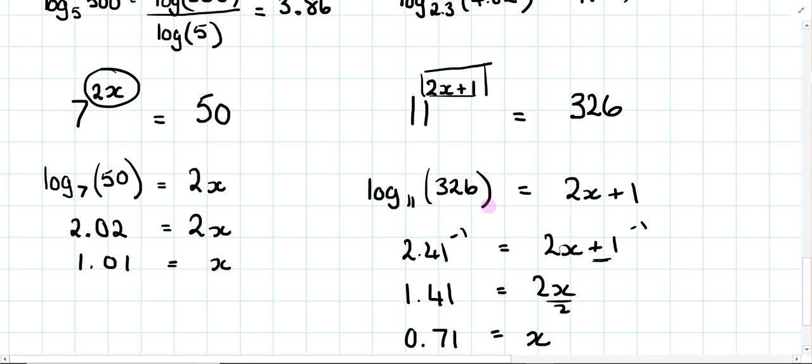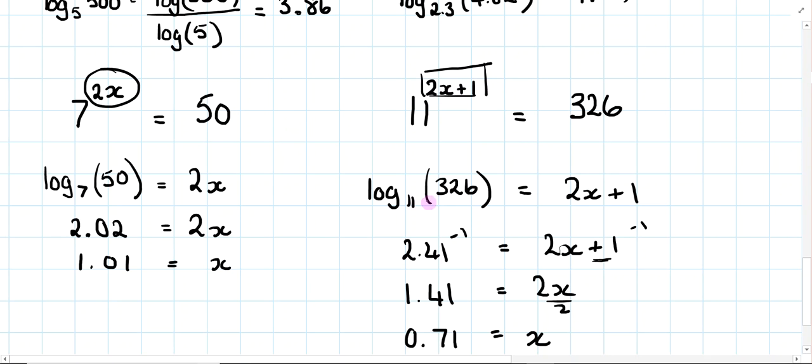Plus 1 is different from the 2, because 2x is 2 times x. Say x was 7 in this case. x plus 1 would be 8. But I've got 2x plus 1, so if x was 7, the power would be 2 times 7, 14, plus 1 would be 15. The power would be 15.